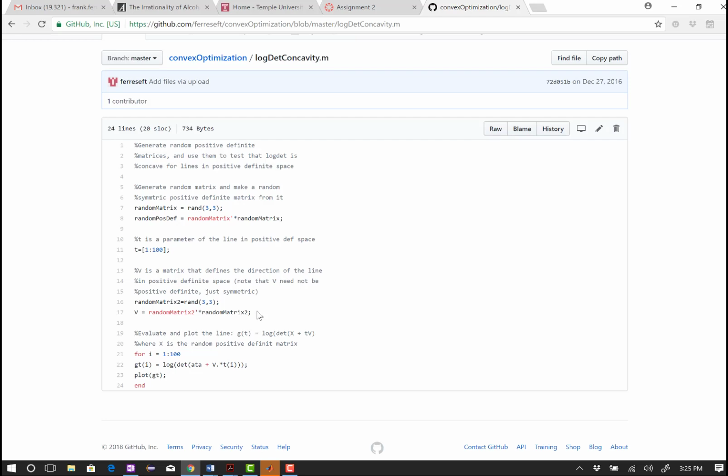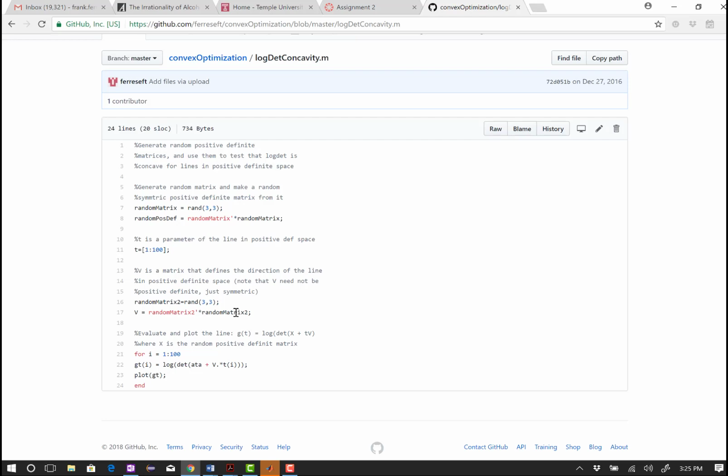So our starting point is a positive definite matrix, and then we're going to move along a line. If you think of the slope of a line in the space of positive definite matrices, then the slope of that line in some sense is V, and the slope doesn't have to be positive definite. It just has to be such that when I add a multiple of V to my starting point, I get another symmetric matrix.